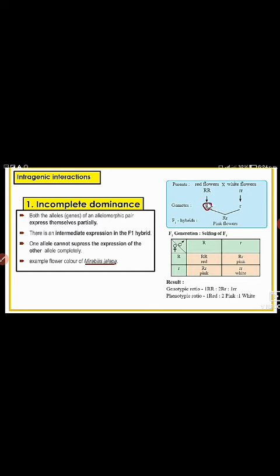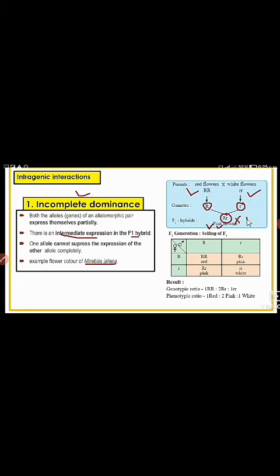Capital R from the red flowers and small r from the white flowers are the gametes produced, but the offspring have pink flowers. Intermediate production of the flowers is called incomplete dominance. Red flowers crossed with white flowers produce pink flowers. So this is an example of incomplete dominance.